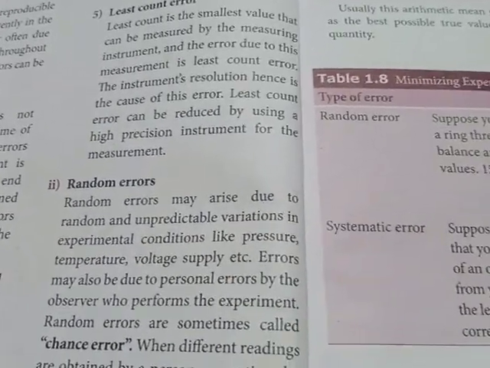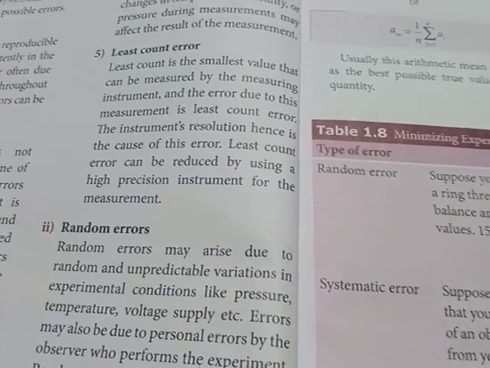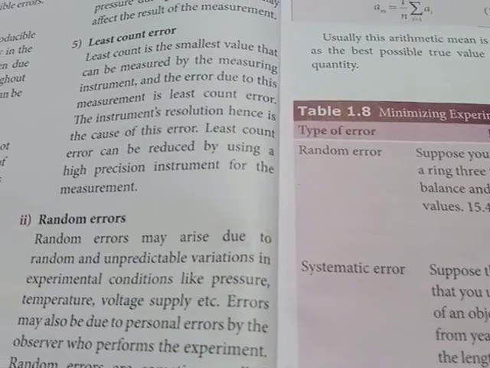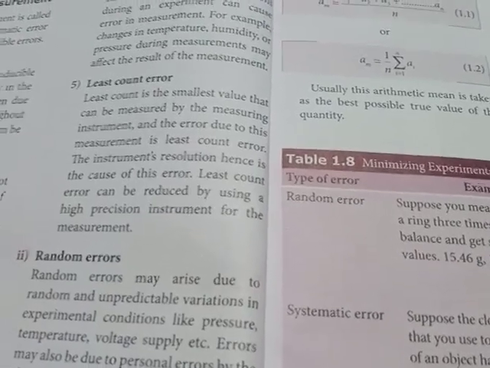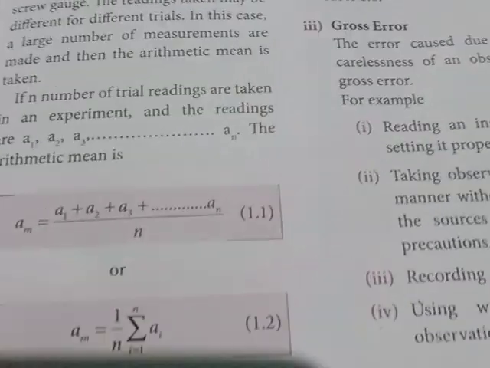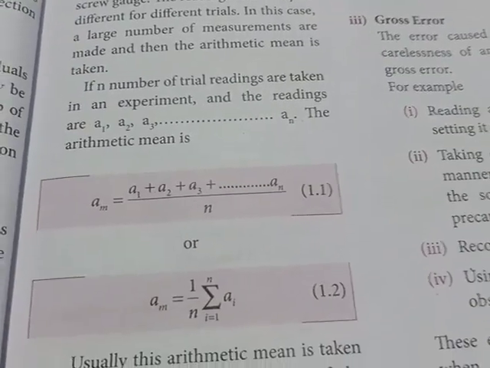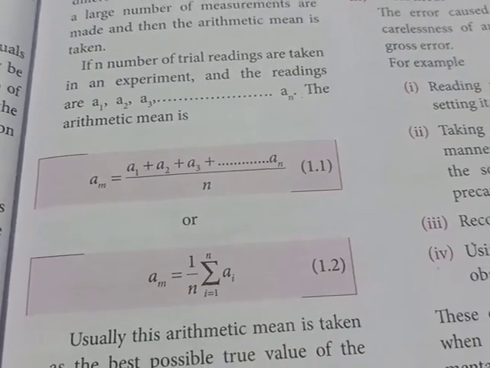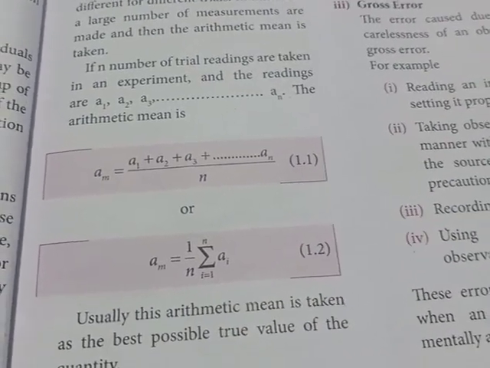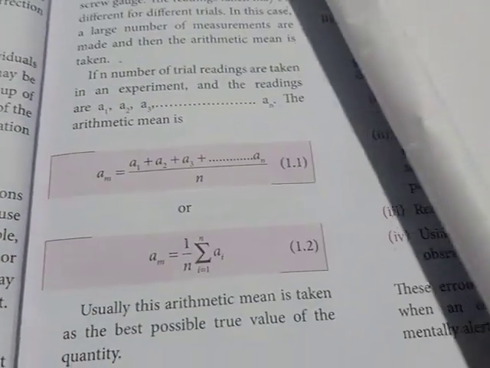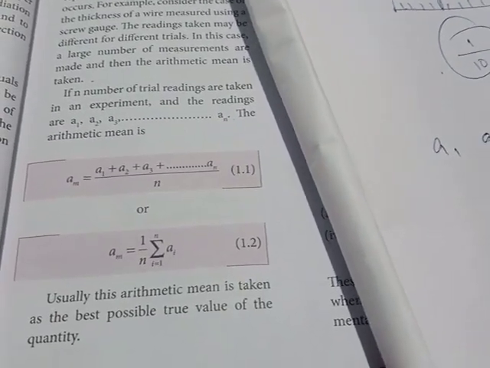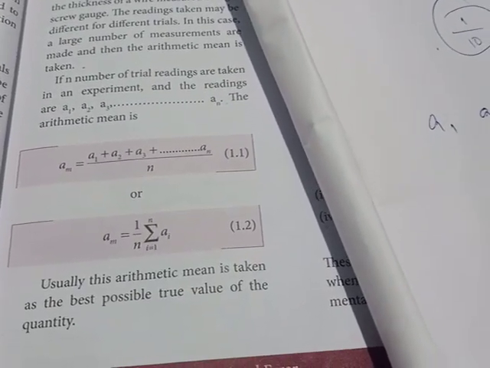So when you are doing the experiment, we can avoid the personal error by repeating the experiment. You can do the experiment several times, take many readings, then do the calculation. Suppose first time A1, second time A2, third time A3.